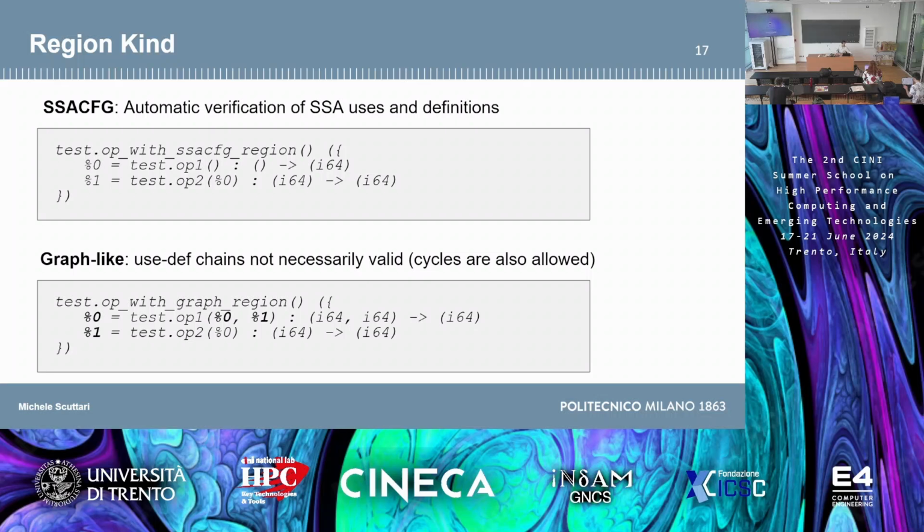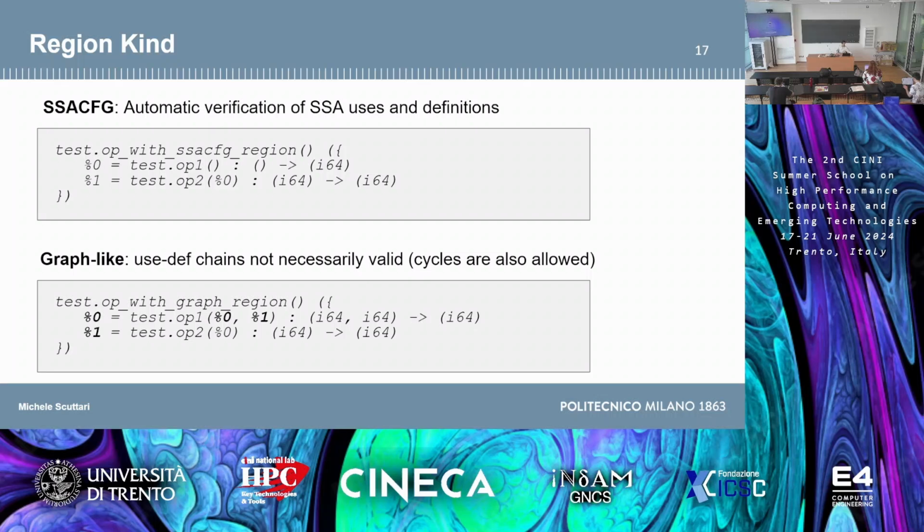In particular, we can have regions that are able to check automatically the uses and definitions of SSA values, static single assignment values. These are called SSA control flow graph regions.